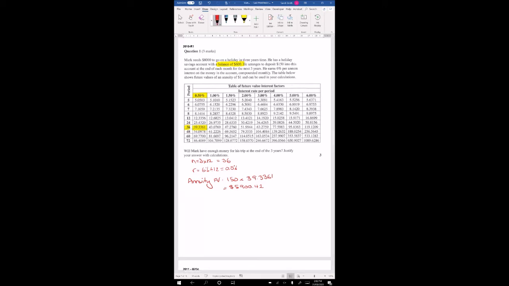Now, our other part of the money, so this balance of 600 that he initially has invested, we look at our compound monthly formula for that. So we're still looking at the same time period and the same rate. So our future value is going to equal our present value, 1 plus r to the power of n. Present value is 600, 1 plus our rate.